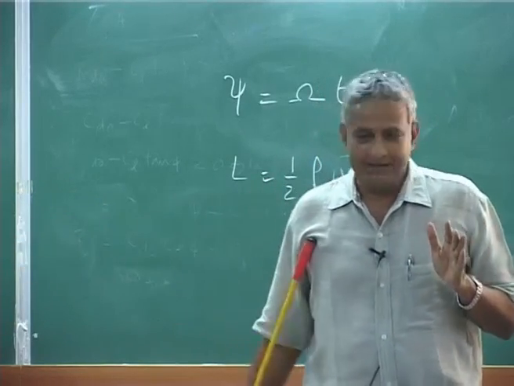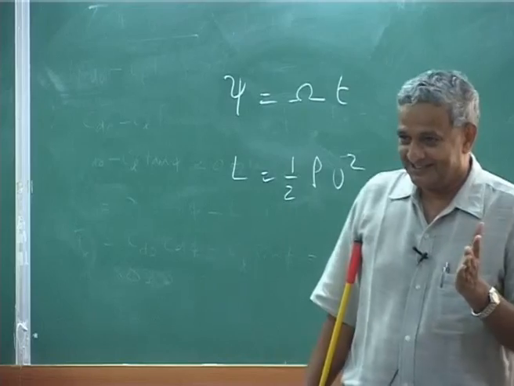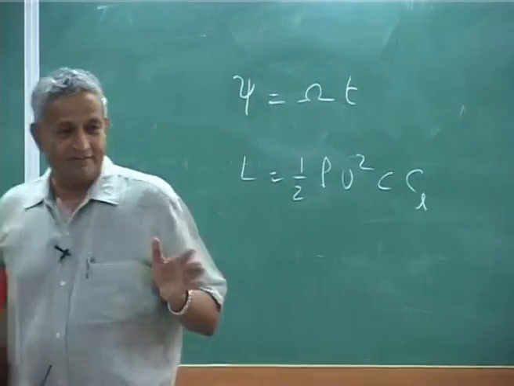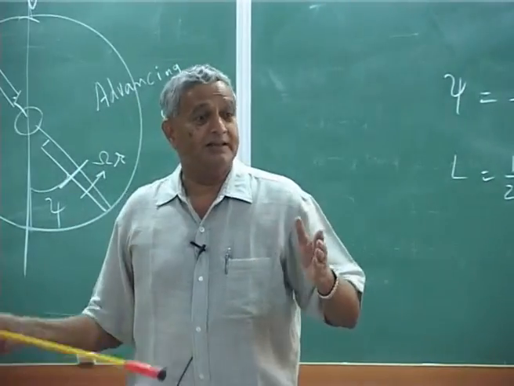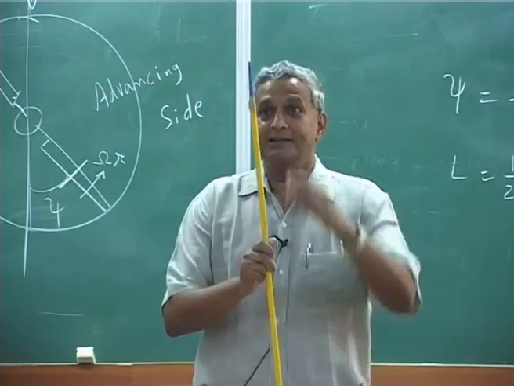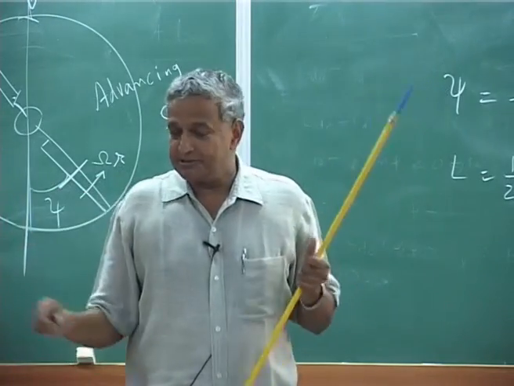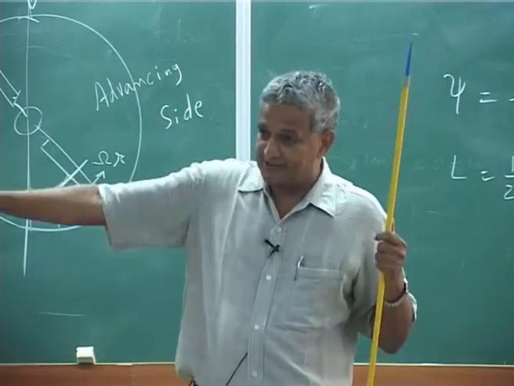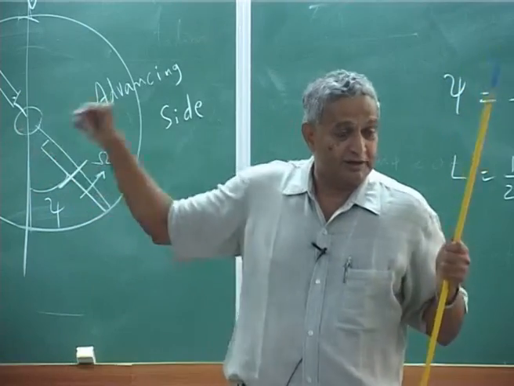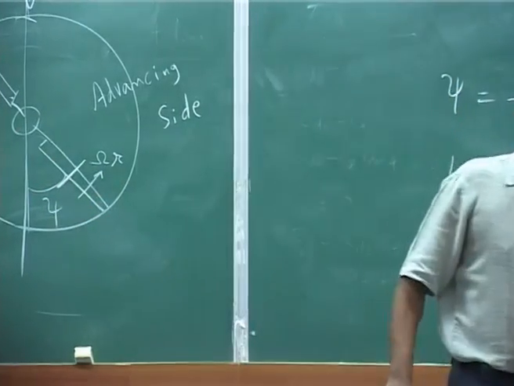That is an assumption you can make, but then you cannot fly, because then it is like a propeller. In a propeller it is very stiff, whereas in a helicopter the blades are not stiff, they are very, very flexible. So the response of the blade you have to include.